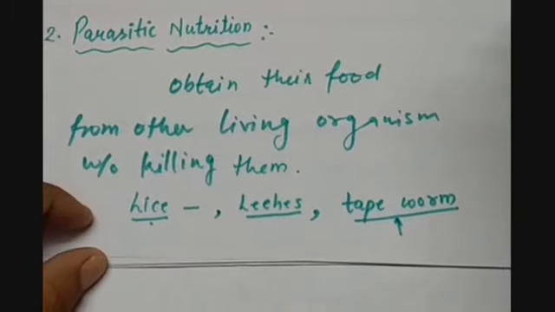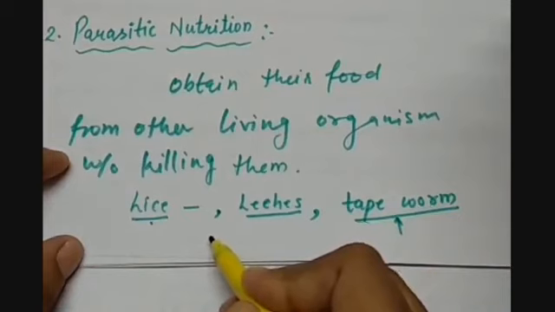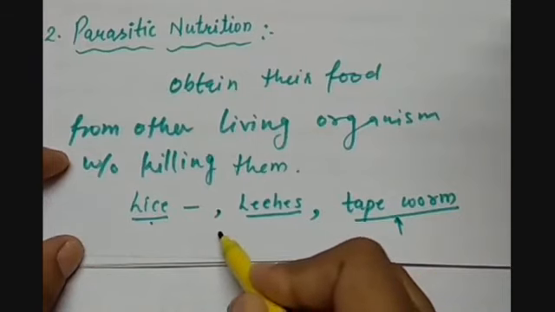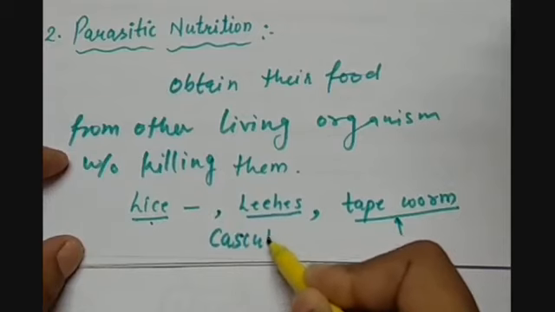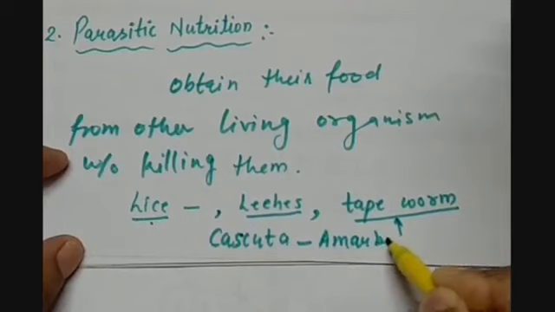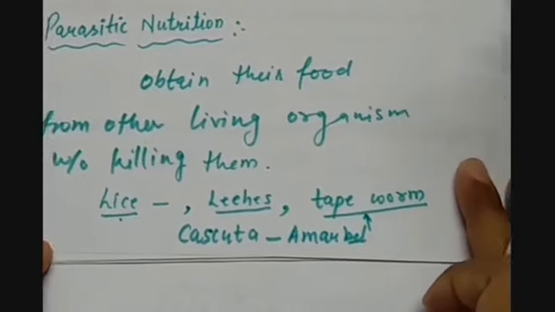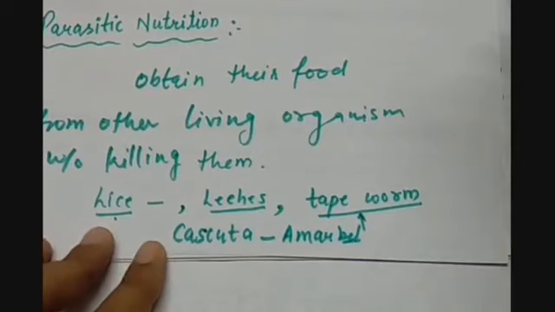One more example. These are all animals, but here one more example is from the plants also. Cuscuta, which is also called amarbel. This is a kind of plant which absorbs nutrients from the tree on which it is lying.